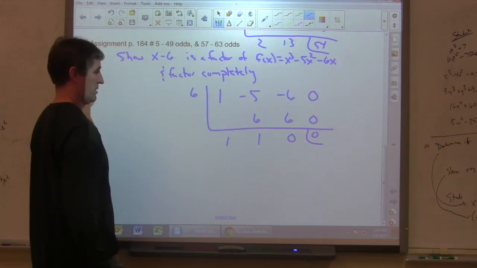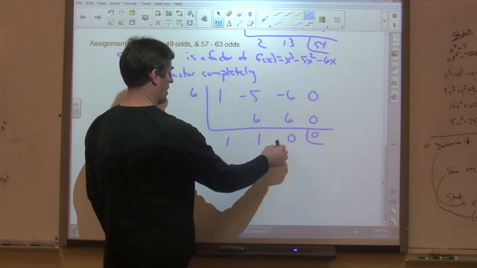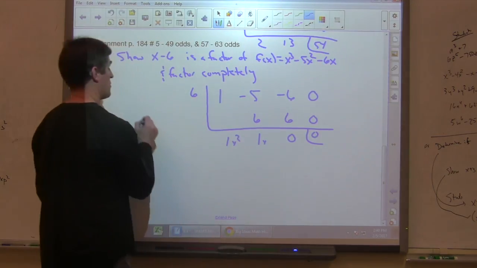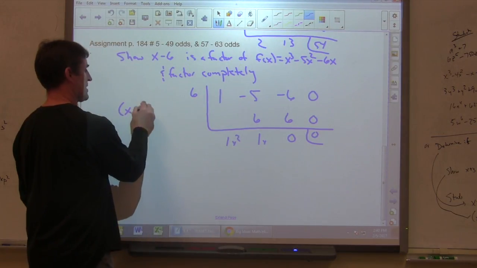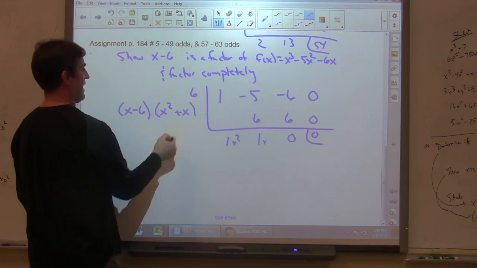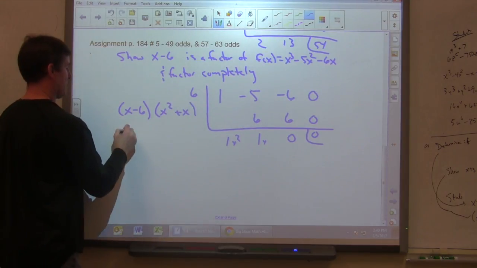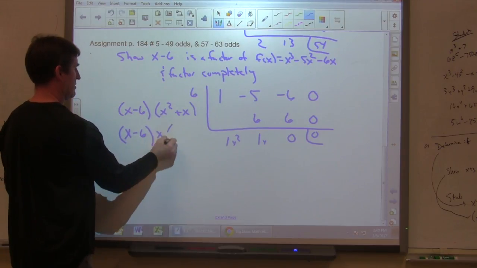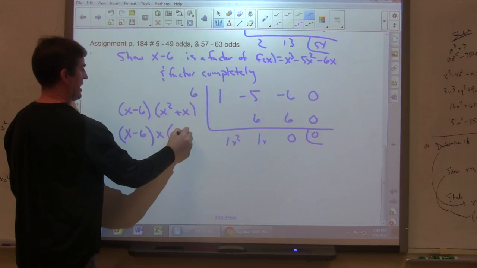So it works. What we've got left is no constant, but we have, remember this would be x and this would be x squared. So right now we have x minus 6 and then x squared plus x, but we should try and factor that further. In this case, we can pull an x out, and then you get x plus 1.